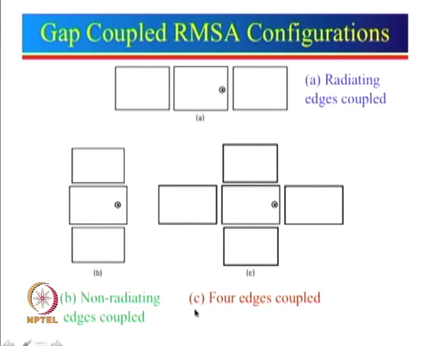So, here we have now a 4 edges coupled rectangular microstrip antenna, where antennas have been put on both the sides here. So, here now again we can choose patch length, let us say L1, L1, so that this will be symmetrical. We can take these 2 patches as L2, L2.